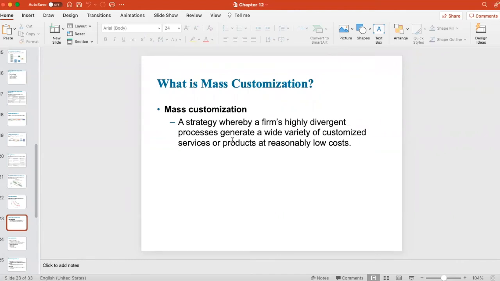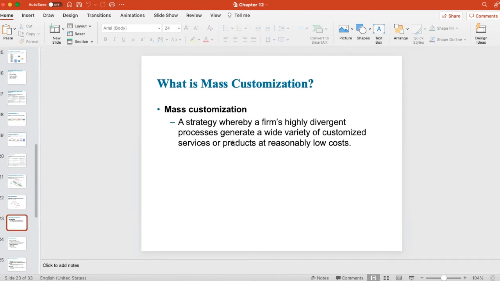Here, we further introduce a very important term called mass customization, especially within the supply chain process. As you can clearly see here, mass customization is basically a strategy whereby a firm's highly divergent process generates a wide variety of customized services or products at reasonably low costs. So essentially here, we all know that no matter within different types of products or different types of services, okay, the standardization process is very important because it can help us to improve our efficiency.